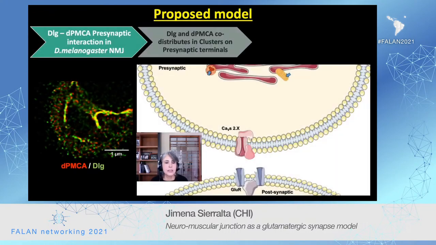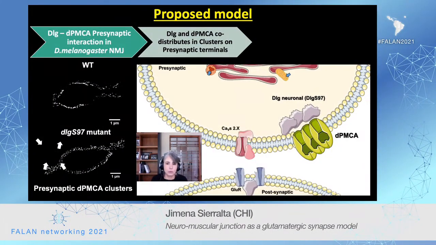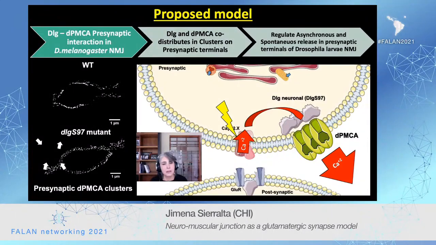So our model is that DLG helps to form clusters of PMCA that help PMCA do a much more efficient job. When calcium enters, it is efficiently removed by the PMCA and regulates the asynchronous and spontaneous release.